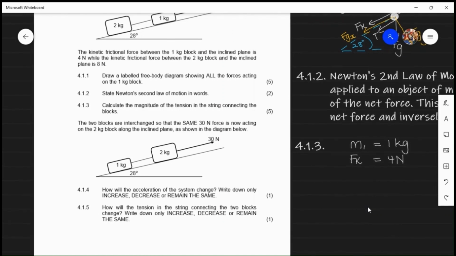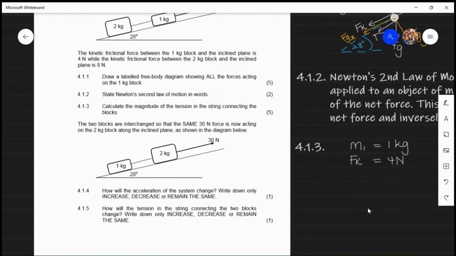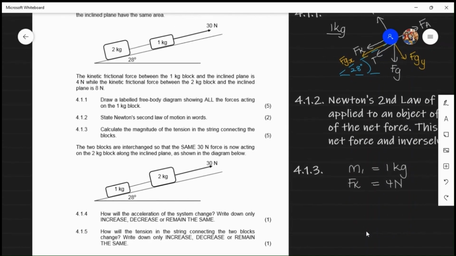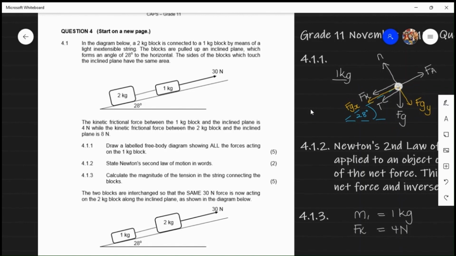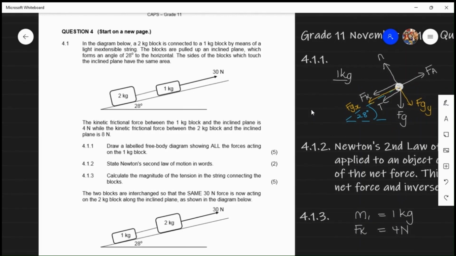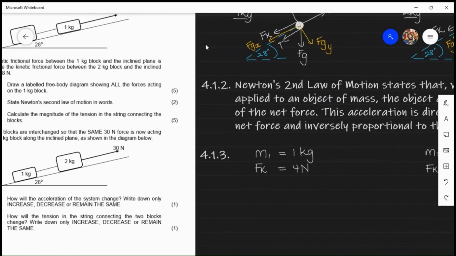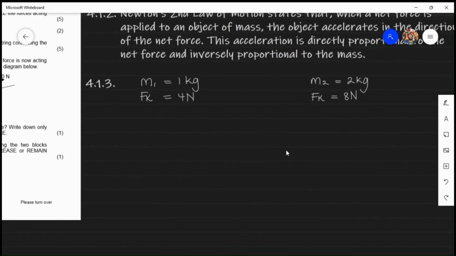Calculate the magnitude of the tension in the string connecting the blocks. Let's see, what other information do we have? Okay, so we have the applied force from the diagram. There is an applied force of 30 newtons that is acting on the 1 kg block. So these are all the values that we have.